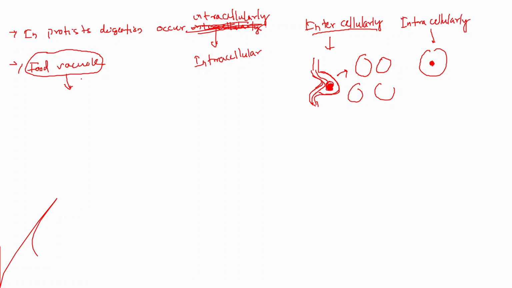It forms through phagocytosis or pinocytosis, where the membrane surrounds the food, fuses with lysosome, and after digestion the contents fuse into the cytoplasm.